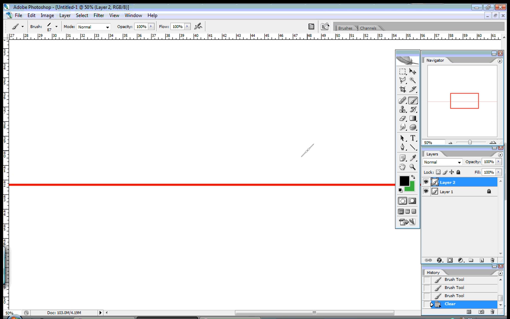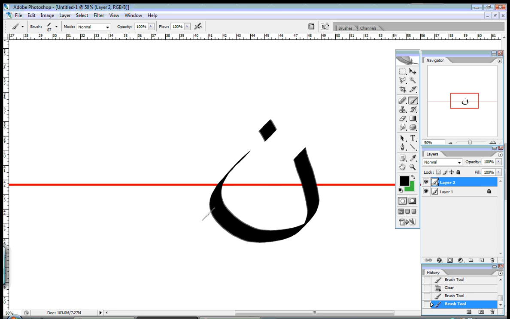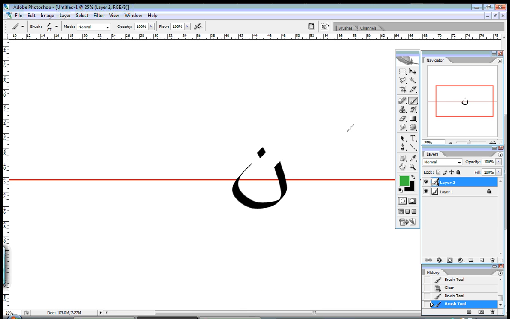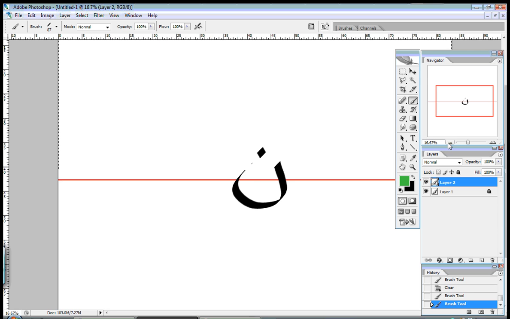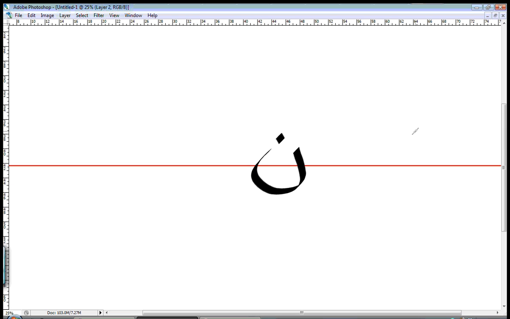Now, the next letter is the noon. It's equivalent to the letter N in English because it sounds the same. So, with علامات التشكيل it's na, nu, ni, na, nu, ni. It's easy. Writing it is not very hard either, because it's similar to the ba, ta, tha sequence that we learned before.